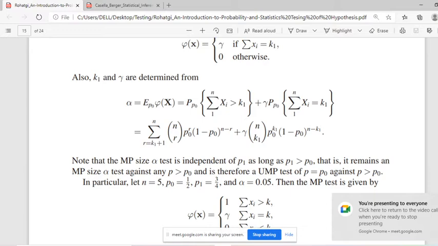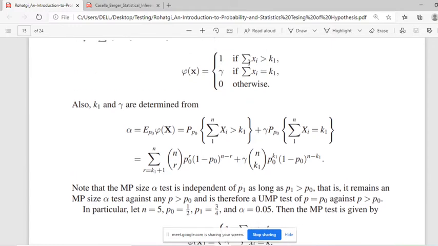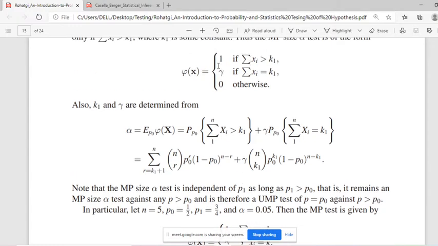Okay, so you can see that the most powerful size alpha test is independent of p1. So in this function phi of x, we don't have any p1, so it is independent of p1.